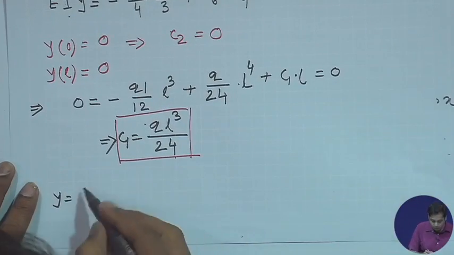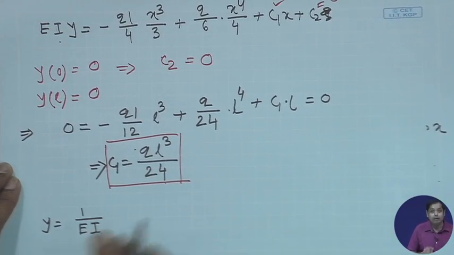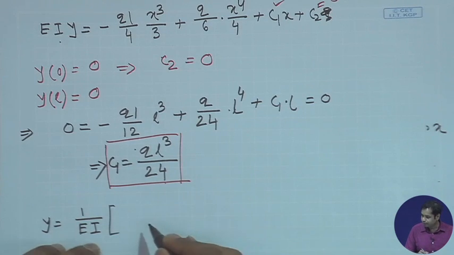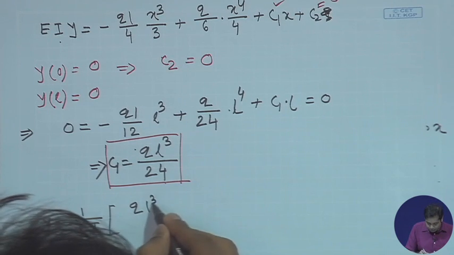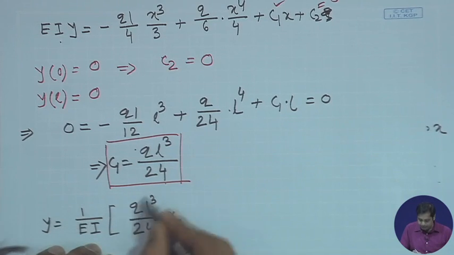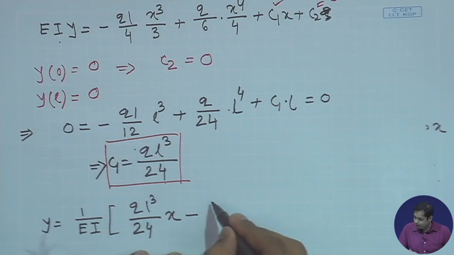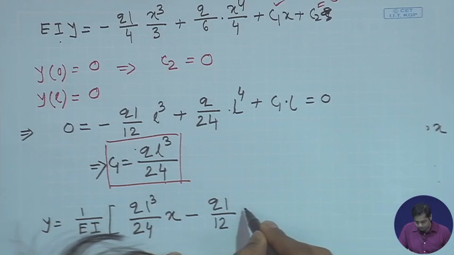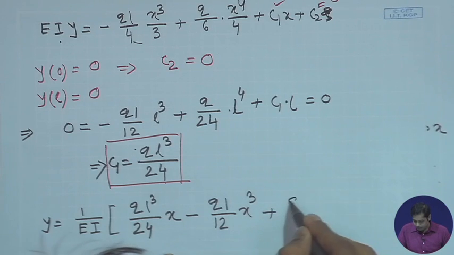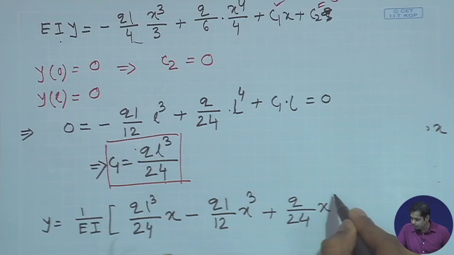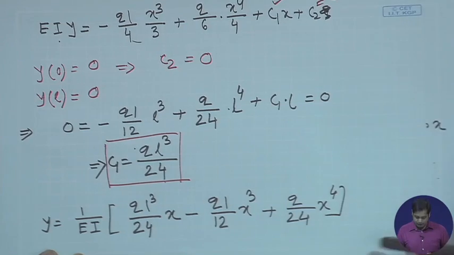So, what we get is 1/EI times qL^3/24 x, this is this term, and then minus qL/12 x^3, this is this term, and then plus q/24 x^4. I have written it in increasing order of x.